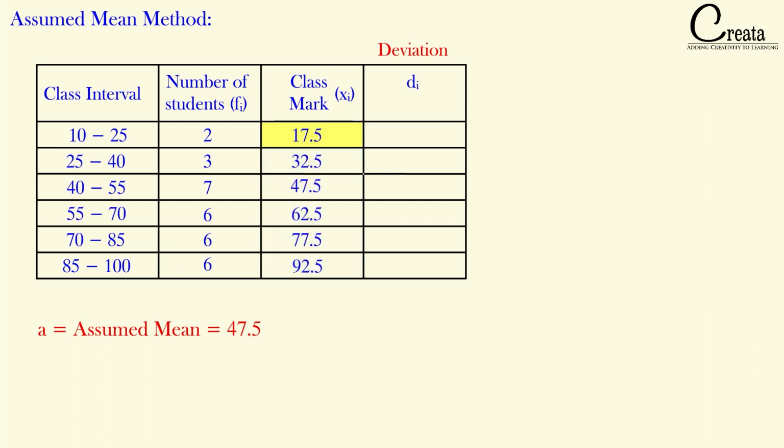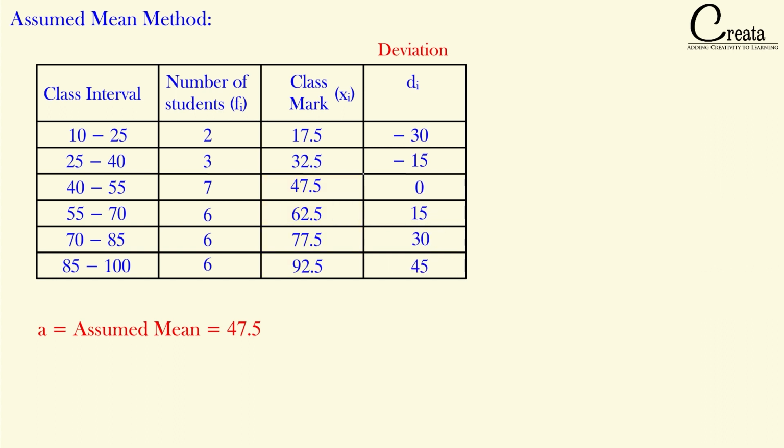For the first case, it will be 17.5 minus 47.5. We got the value of the first row as minus 30. Similarly, for the second case, we will do 32.5 minus 47.5, and we got minus 15.